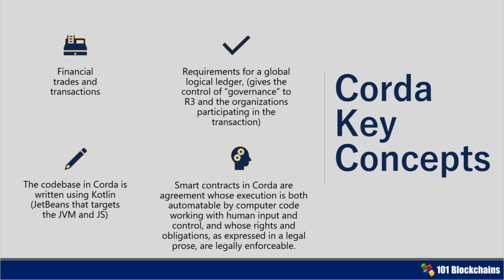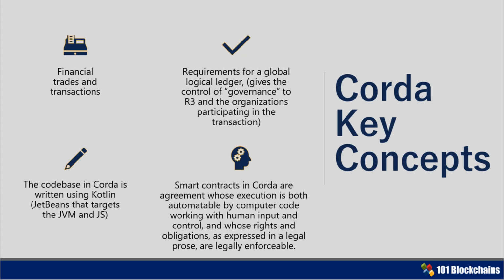Now, the code base with Corda is written using Kotlin, and it targets JetBrains effectively around the JVM. However, it is important to note that when it comes to development and deployment of our smart contracts, we can, of course, use Java as well.